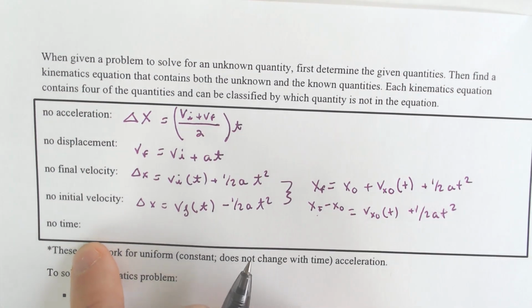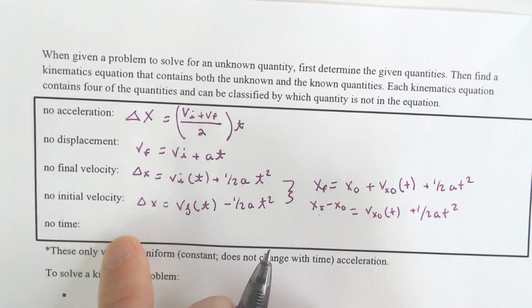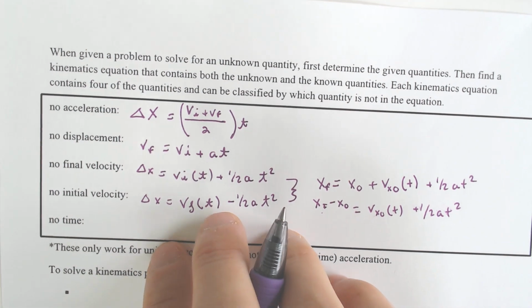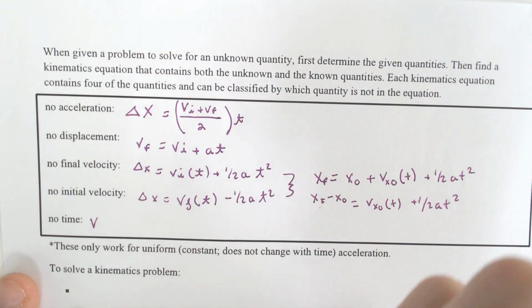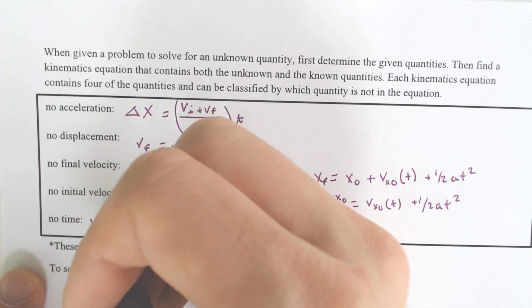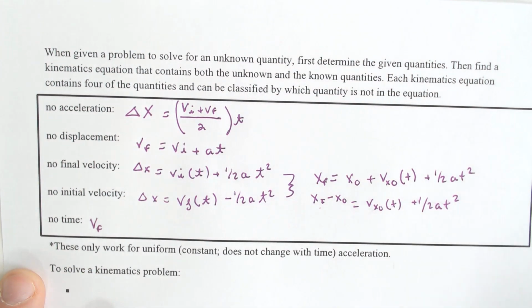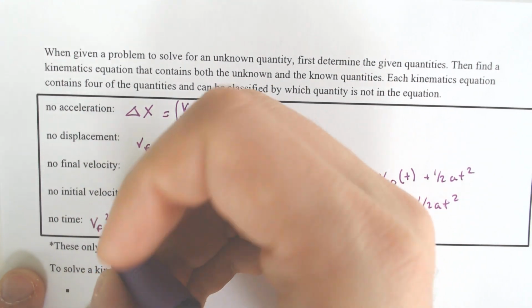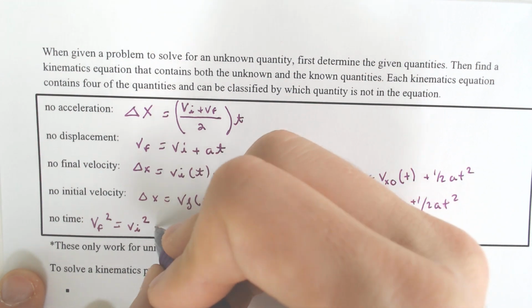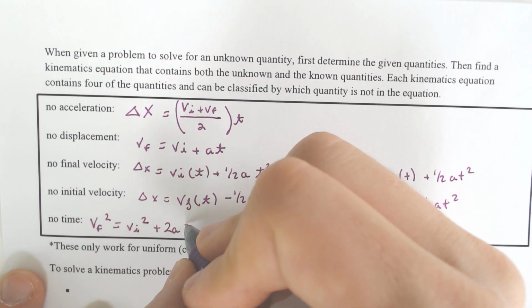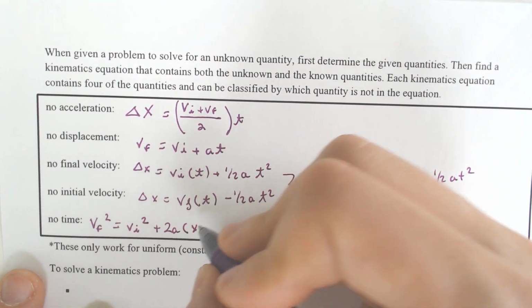Now, the no time one, this is the one that's always the most annoying to deal with, but if you don't have time provided or you're not concerned about time, you are typically going to be using this one. It would be your final velocity squared is equal to your initial velocity squared plus 2 times acceleration times your change in x.